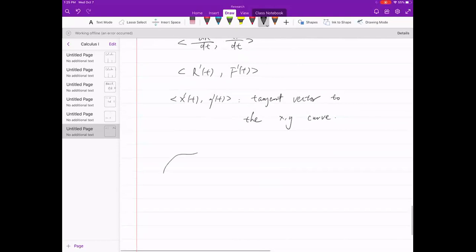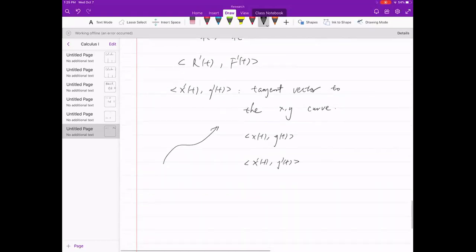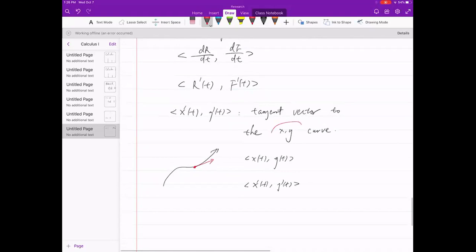That means if you have some parametric equation, which is called x(t), y(t), this vector x prime t, y prime t, basically gives you the tangent vector at a certain point. Still okay? And moreover, this is actually the solution. So you basically got the tangent direction for all the solutions by computing this vector field. That is why we need a direction field.